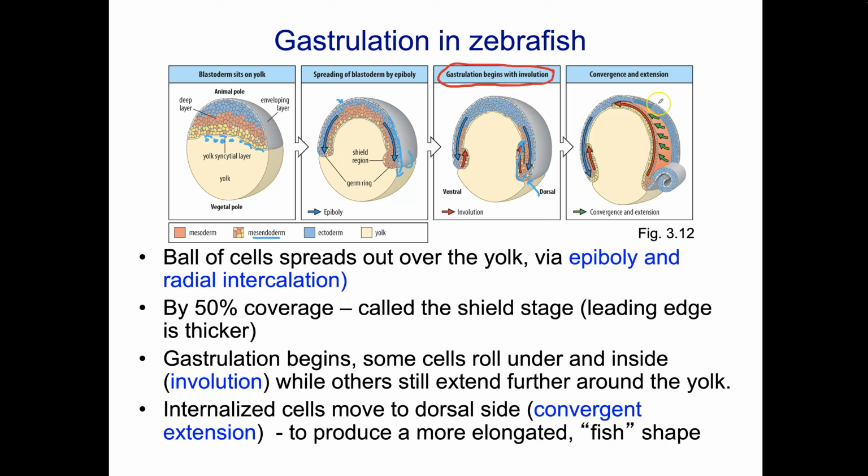And then this is where the convergence and extension takes place. The cells are migrating to form that fish body that I was telling you about.